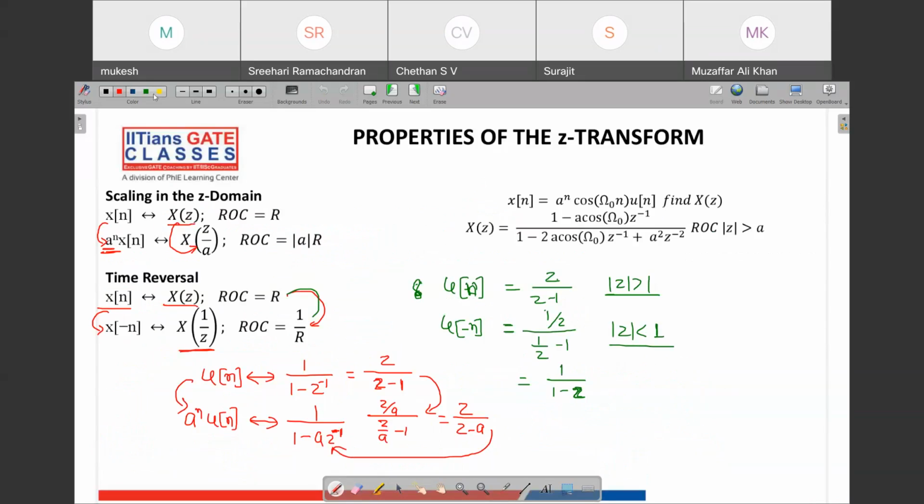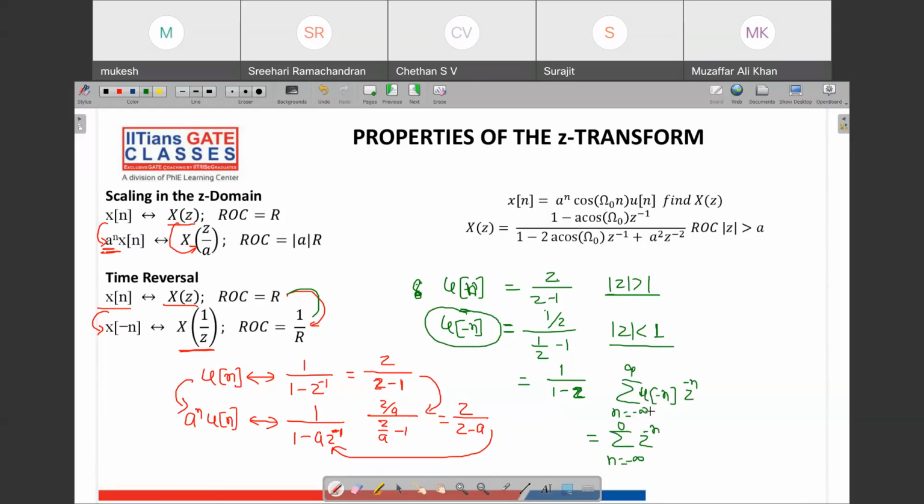Okay, if you take u of minus n and calculate its Z transform, it is going to be the sum from n equal to minus infinity to infinity of u of minus n, z to the power minus n. Since this is u of minus n, instead of summing from minus infinity to infinity, I will sum from minus infinity to 0 of z to the power minus n.